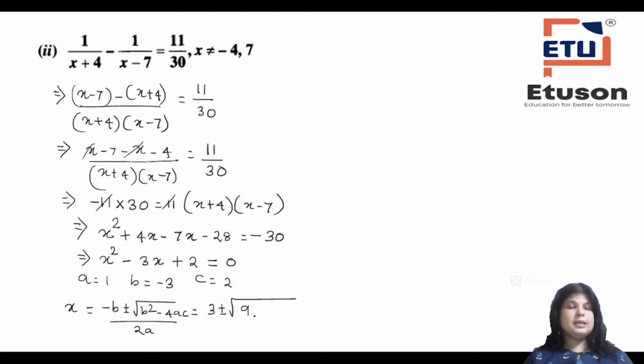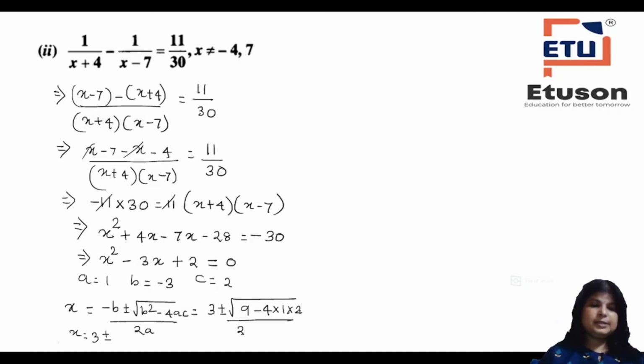B square is 9 minus 4 into 1 into 2 divided by 2. Correct? So your x is equal to how much? 3 plus or minus. What is the value of 4 into 2? It is 8. 9 minus 8 is 1. 1, right? So you will have 1 divided by 2.